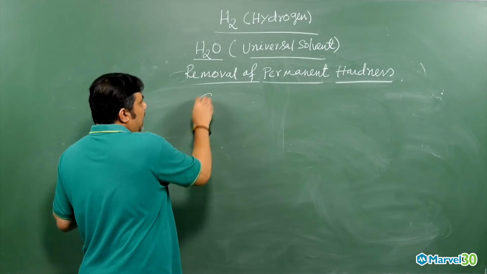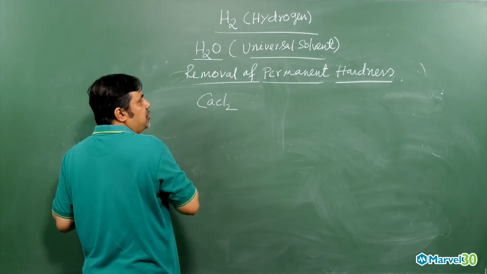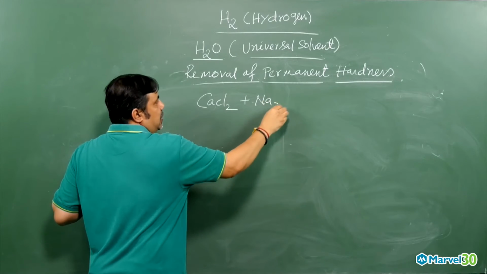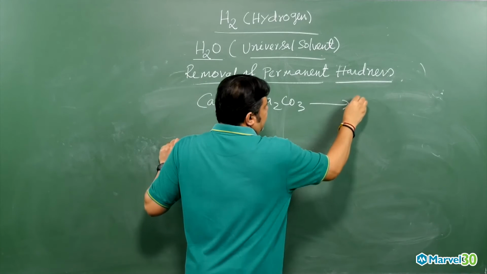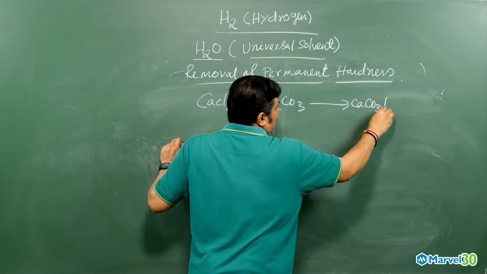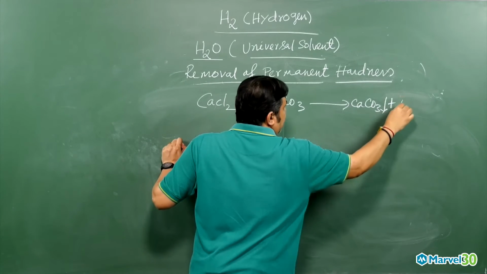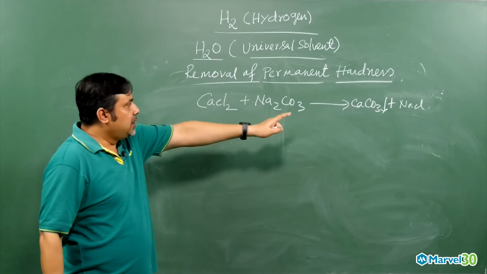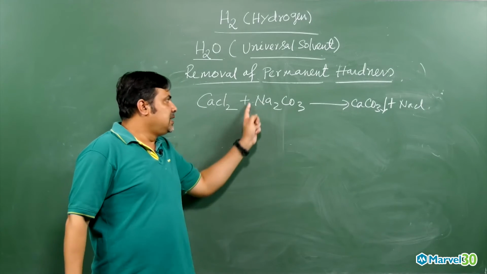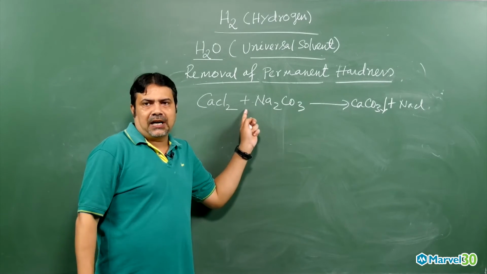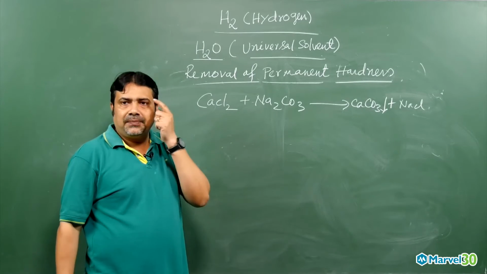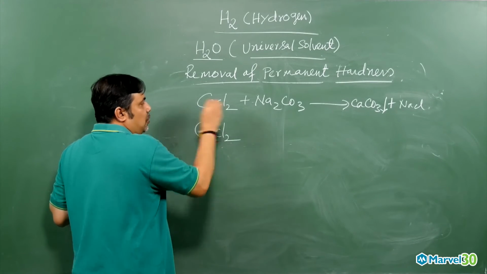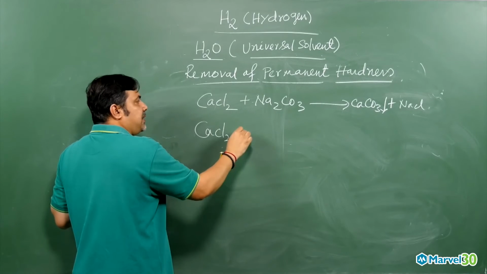Say you have calcium chloride salt creating the hardness. If you add washing soda, Na2CO3, then calcium carbonate will be precipitated out immediately. You can separate it, and NaCl will be formed. So permanent hardness can be removed by adding a desired amount of sodium carbonate, which is called washing soda.